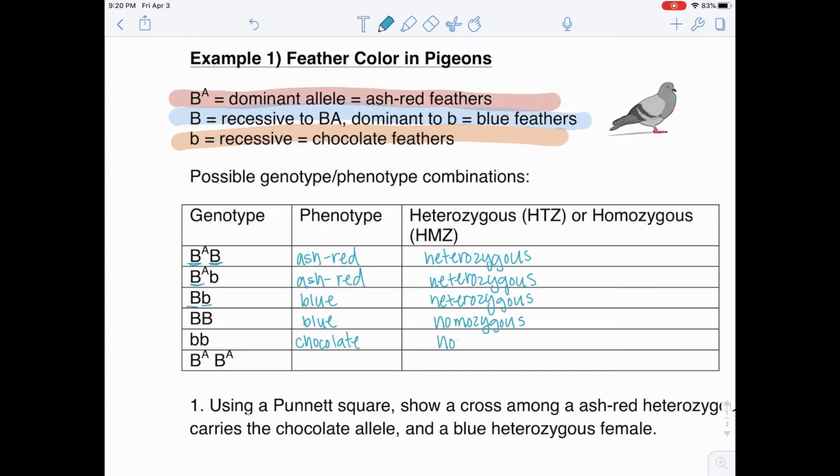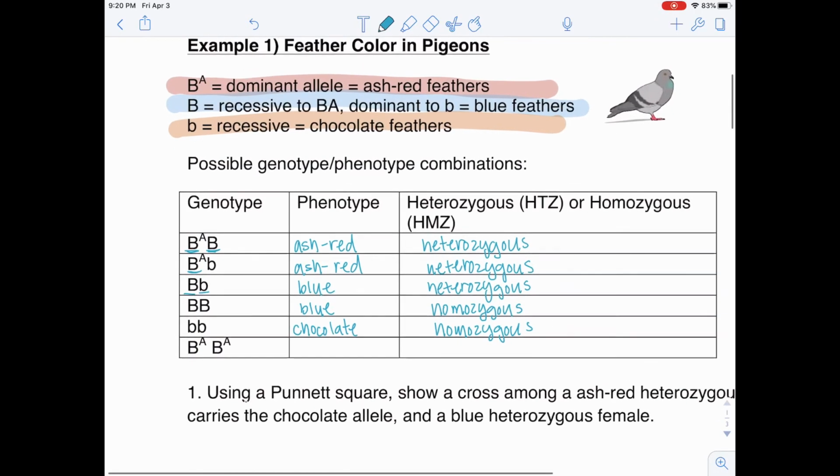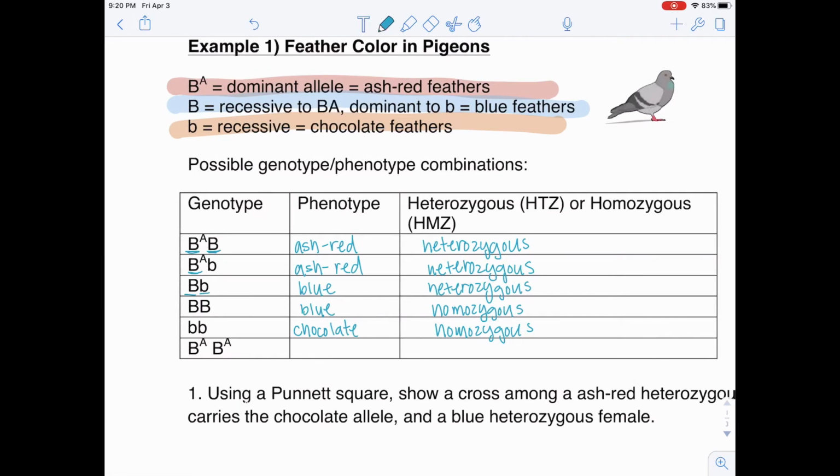And this is homozygous. And the genotype B^A B^A. And this is also homozygous dominant, and the phenotype will be ash red and homozygous.